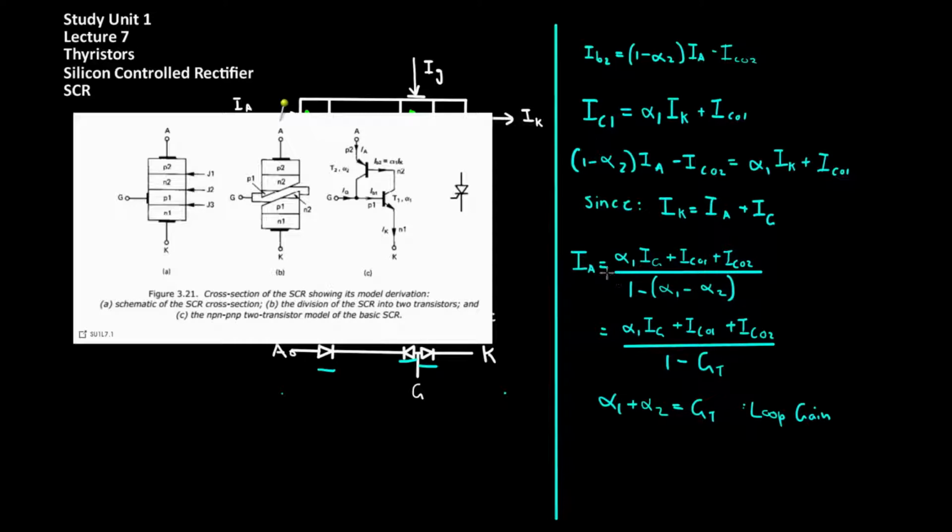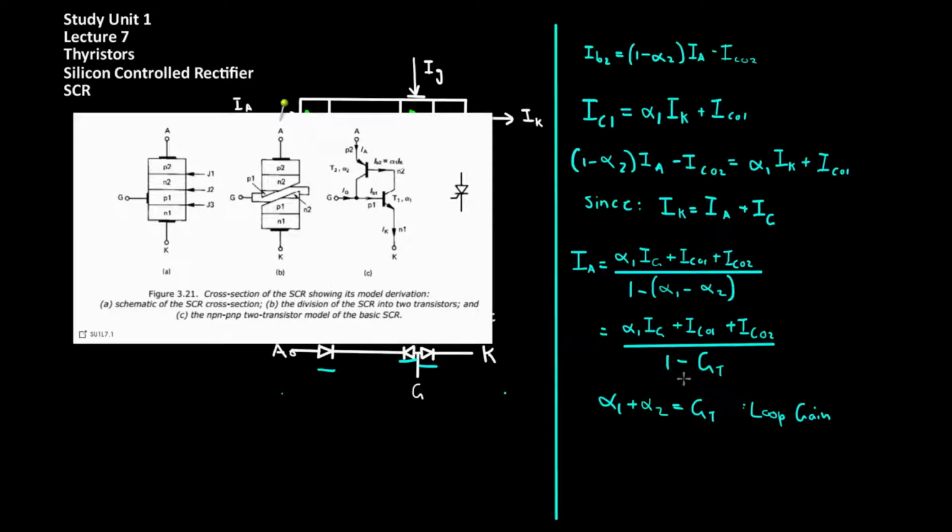The anode current can now be expressed in terms of the gate current as well as the alpha of the two transistors. Refactoring allows the anode current to be written in terms of alpha 1 multiplied by the gate current, the two collector junction reverse bias currents, and the loop gain of the feedback loop formed by the two devices.